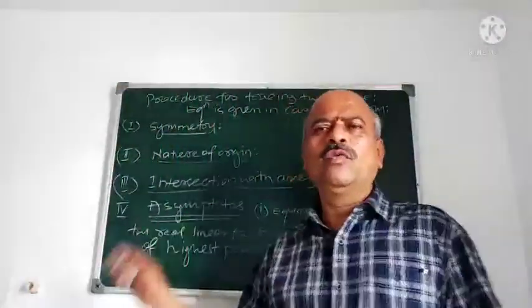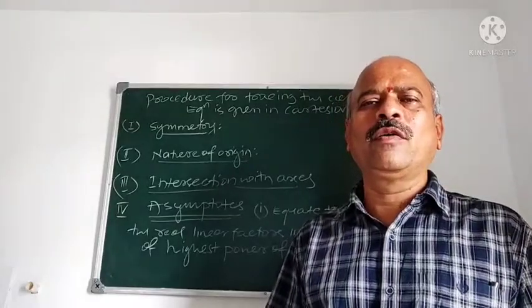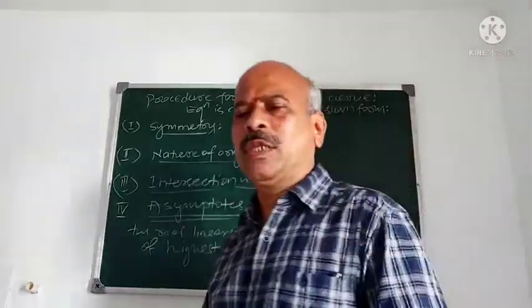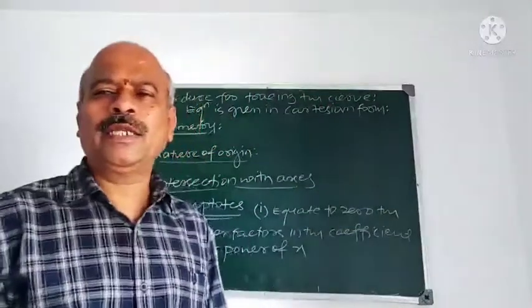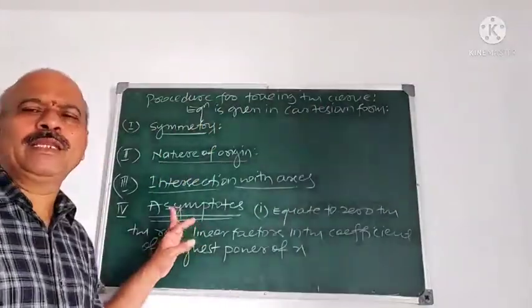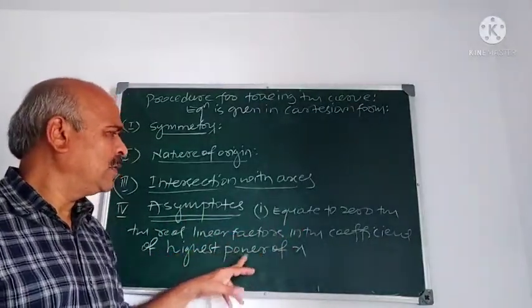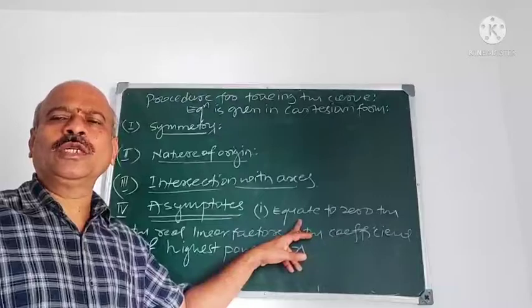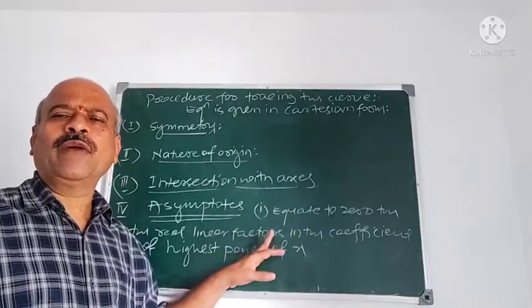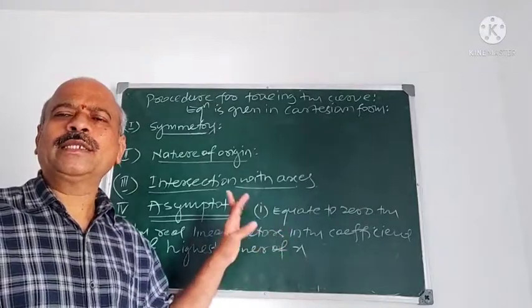This is important, because asymptotes give a very nice idea, the best information regarding the shape of the curve. So we find out only parallel asymptotes. Asymptote parallel to the x-axis is obtained by equating to 0 the real linear factors in the coefficient of the highest power of x.